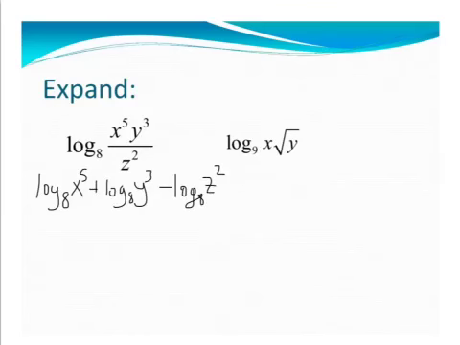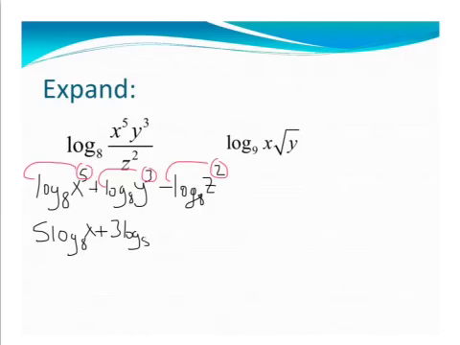And now I can just move each one of these exponents to the front. So I'm going to have 5 log base 8 of x plus 3 log base 8 of y minus 2 log base 8 of z.